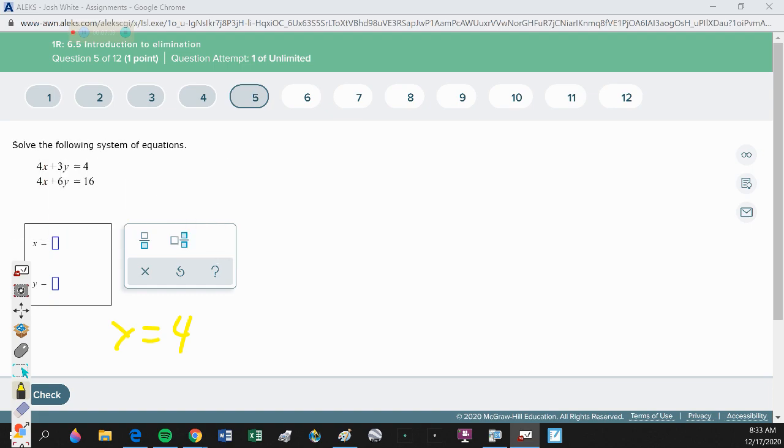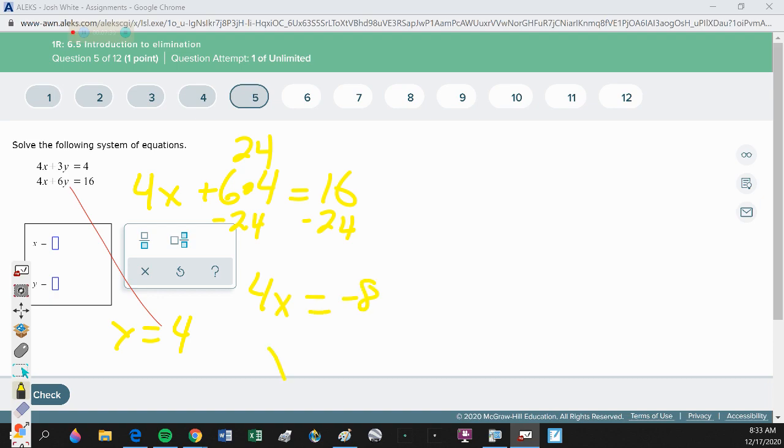Plug the 4 back in. 4x plus 6 times 4 equals 16. 6 times 4 is really just 24. So I subtract 24. 4x equals -8. So x is -2.